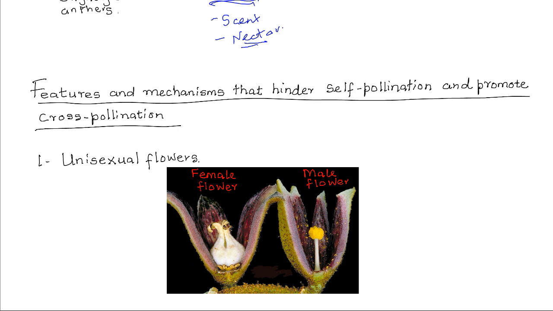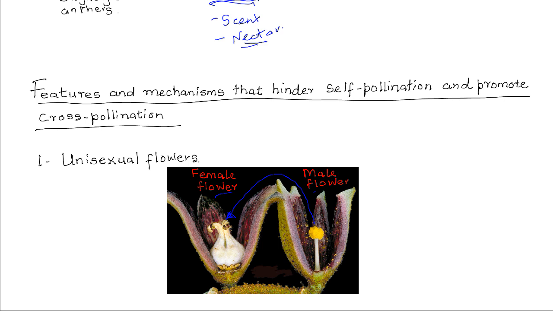So, monoecism and dioecism greatly promote cross-pollination. So when you have unisexual flowers, in this particular case the female and the male, that means that pollen grains must come from another flower and usually on a different plant to the stigma of the female flower.